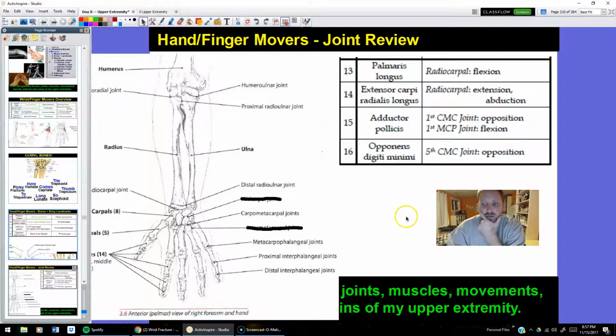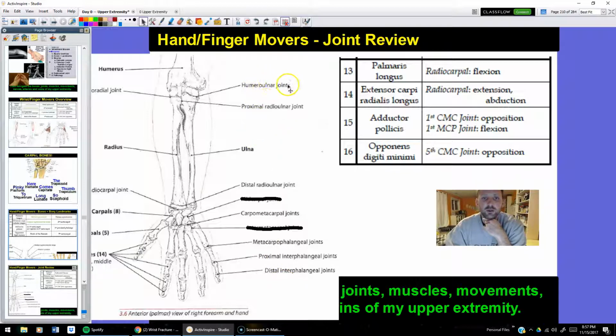Joint review. There's some crazy joints in this section that we'll be talking about. So just quick review of this diagram right here. Again, if you can't see this, if this is on your cell phone, I've also included my slides in the Google Classroom post. So go there to maybe see this slide.